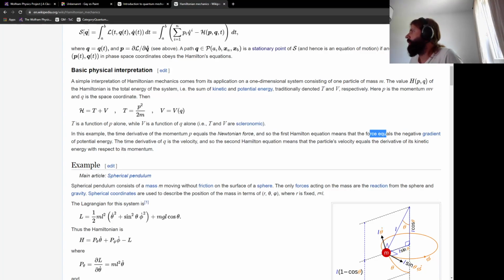Because basically Hamiltonian mechanics is telling you that the potential energy is related to the force, and that the kinetic energy is related to the velocity, which, the latter makes sense. The potential energy being related to the forces, I guess it's the force.